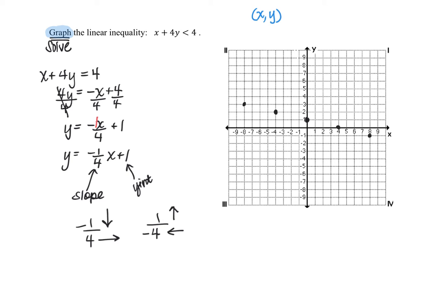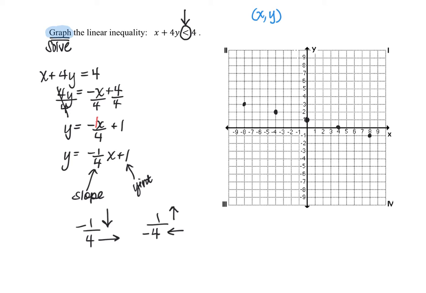Now, before we connect the dots and make this a solid line, we need to consider the inequality sign. So we have a less than symbol here. This is not less than or equal to, which means we're not wanting all of the points on the line, but rather we're going to either choose all of the points that are above this line or below this line. We do not want to include the points that are on the line.